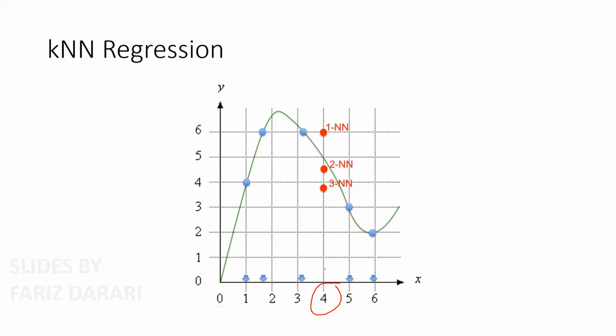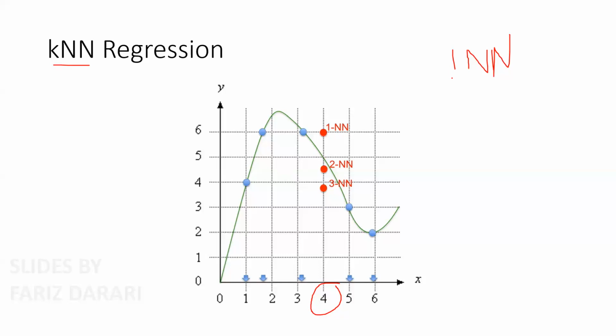Then again it depends on whether you do 1 nearest neighbor, 2 nearest neighbors, 3 nearest neighbors, and so on, right? So first, let's focus on 1 nearest neighbor. What do we mean by 1 nearest neighbor? You pick just one, the nearest neighbor, to determine the regression output.